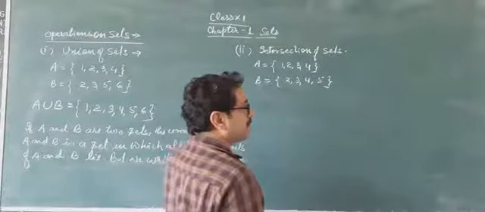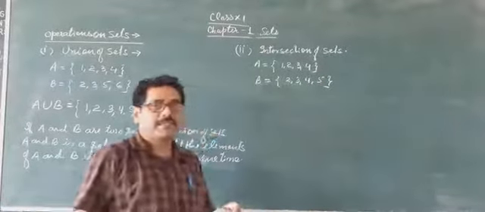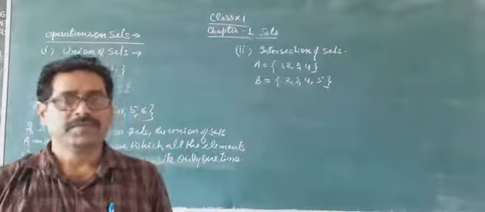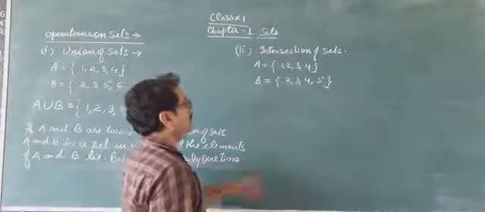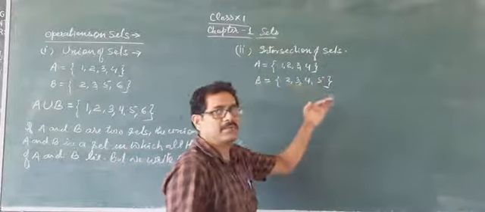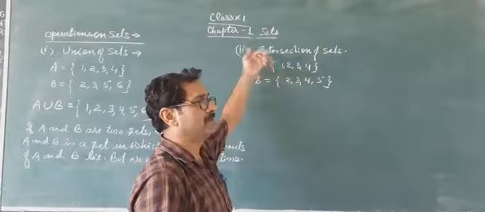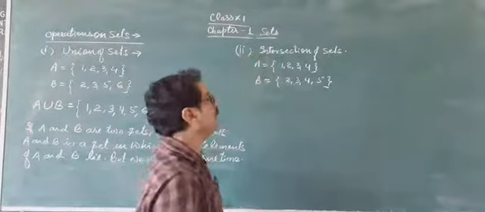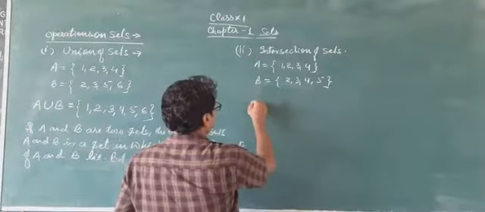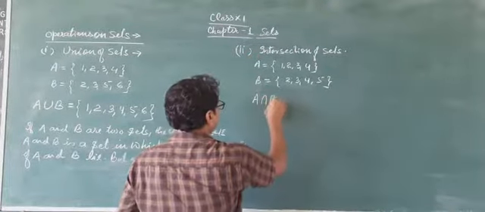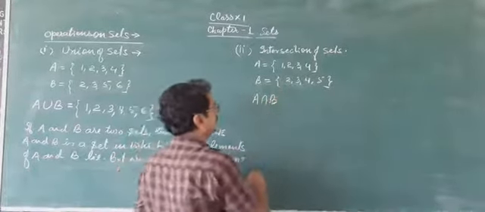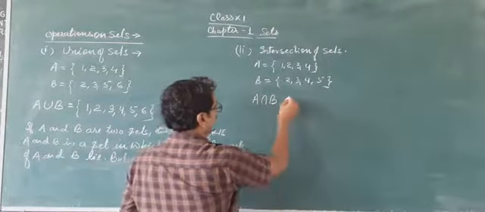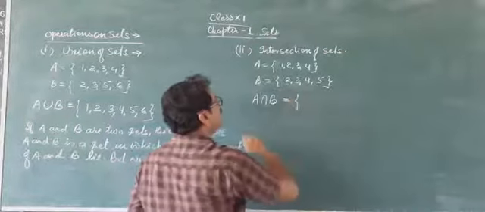So intersection is the common elements which lie in both the sets. So A intersection B, this is the symbol of intersection. So A intersection B means the common elements.